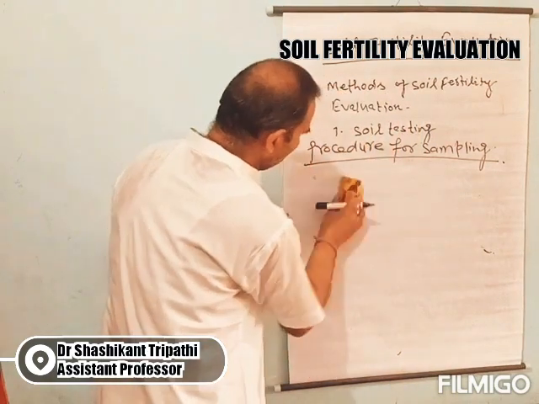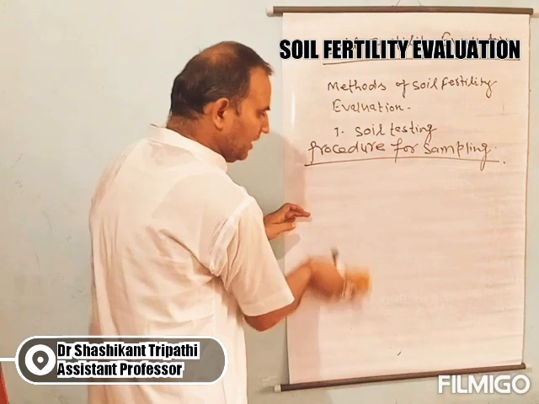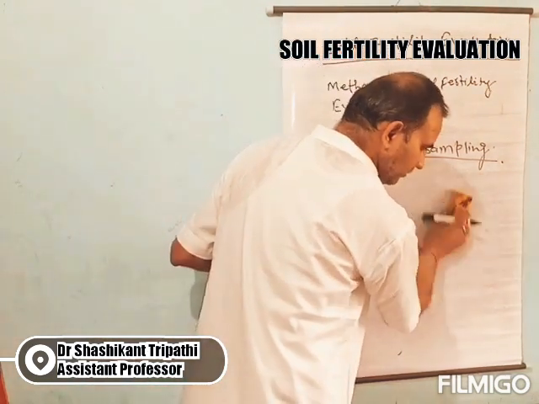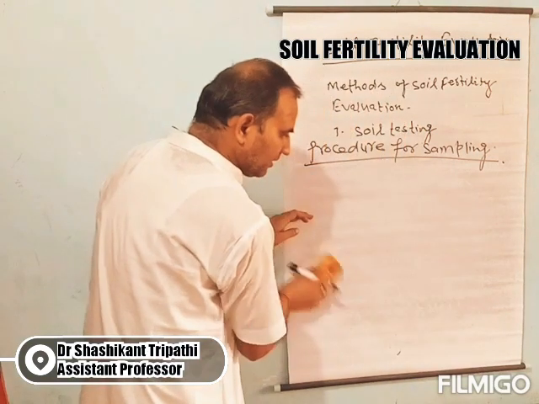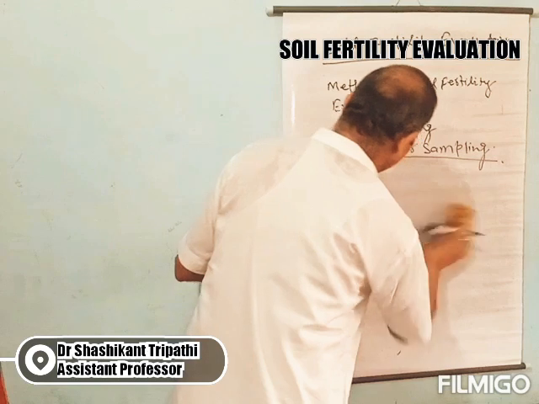This can be understood in this way. If auger is not available, make a V-shaped cut to a depth of 15 centimeter in the sampling spot using spade.